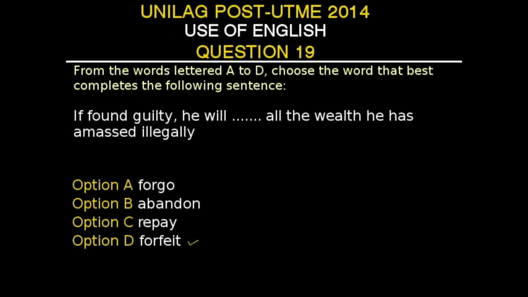Usually there aren't clear ways one can actually repay wealth amassed illegally. And so what usually happens is that these properties are seized and sometimes auctioned, which in most cases isn't equivalent to the value as when it was acquired illegally. And so option D, forfeit, is our appropriate and correct answer.